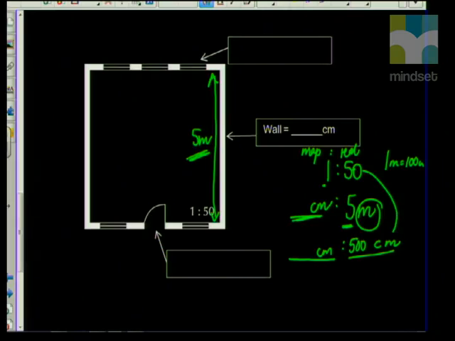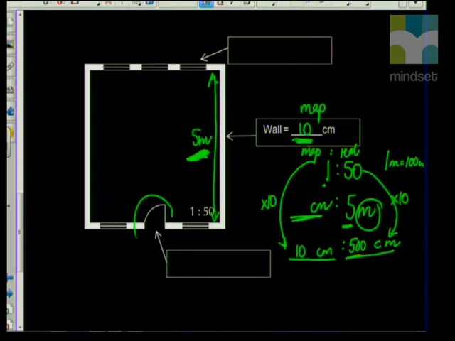If I had to work out how much I'm going to have to times this by, I would have to times this by 10. So 50 times 10 would give me 500. And what I do to the one side, I would need to do to the other. So I'm going to times this side by 10. So 1 times 10 is 10 centimeters. So I now know that this wall in real life it's 5 meters, but on my map it's going to be 10 centimeters.